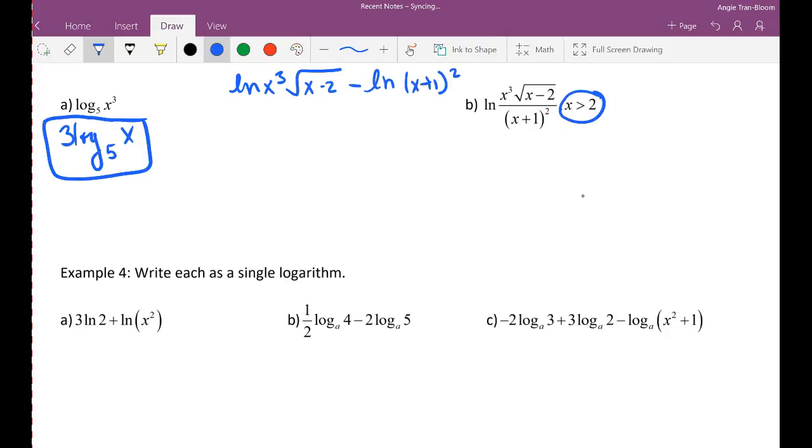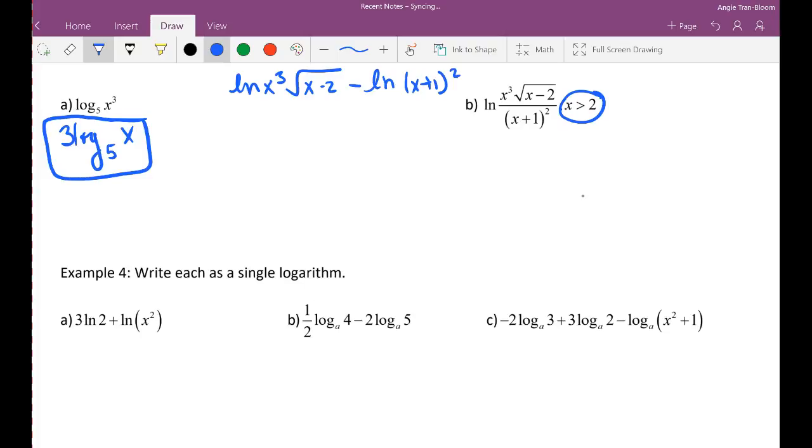Are we done? No. Now what? What do you see in the first natural log?